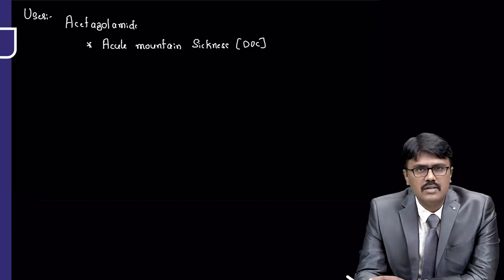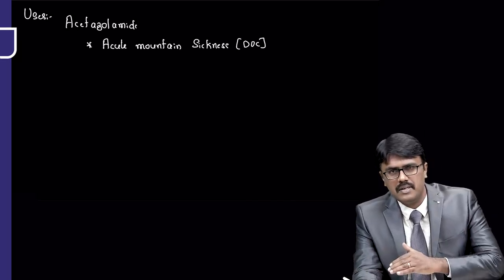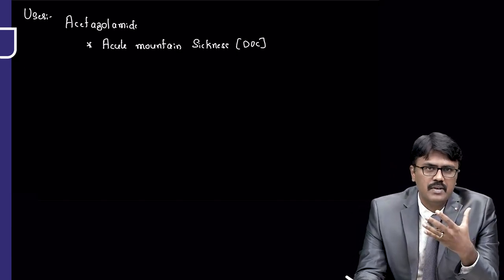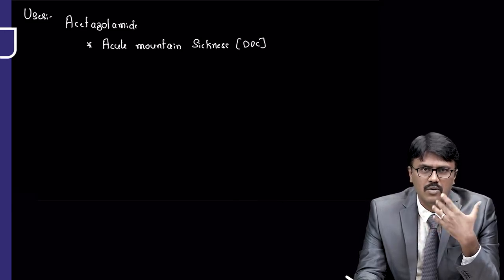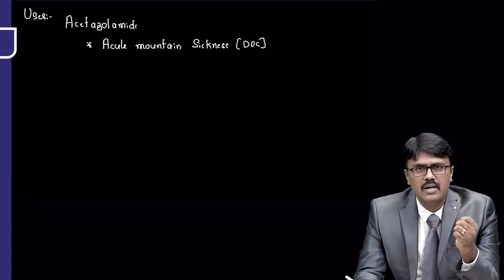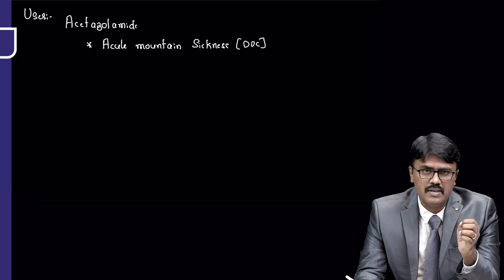Now, acute mountain sickness is also called high altitude sickness. When a person ascends to high altitude, there is hypoxia. When there is hypoxia, the patient tends to breathe faster, so he will lose carbon dioxide. It will lead to respiratory alkalosis. To compensate that, this drug produces metabolic acidosis and that will get compensated.